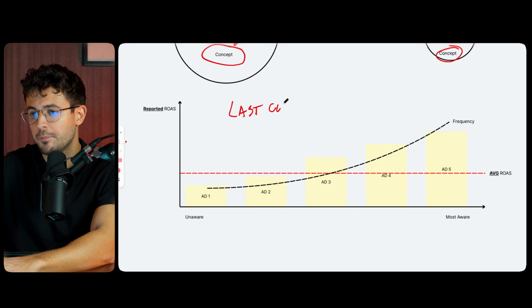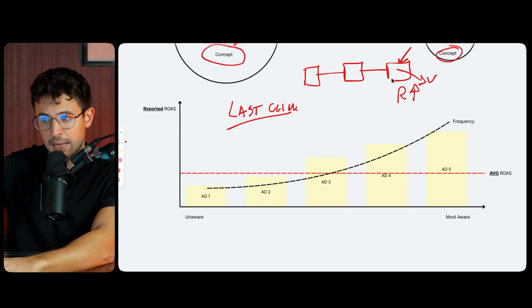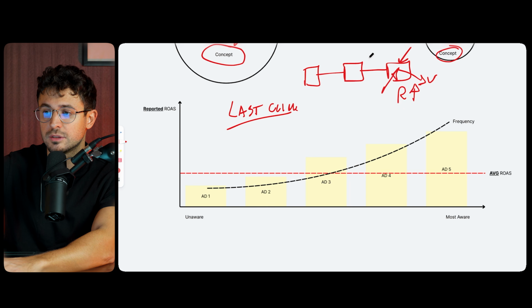What does this mean? If someone sees the ads in a sequence and they click here and then buy, the sales go here, and so the ROAS looks high here. But maybe the reason why they were able to see this ad is because that specific person got served these 2 ads, specifically this one.